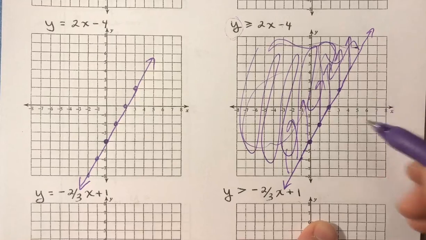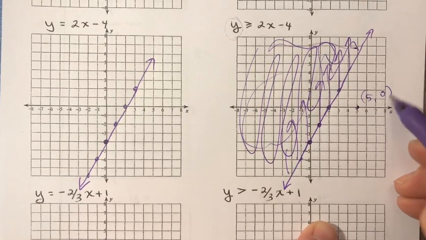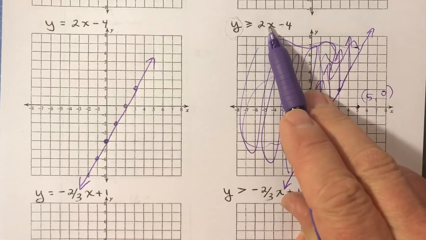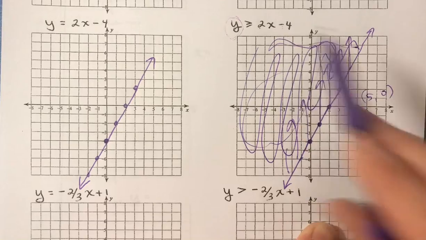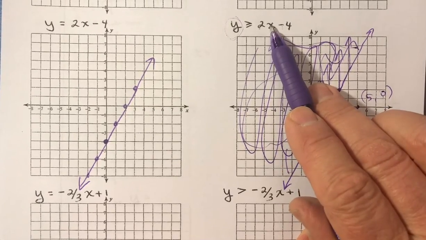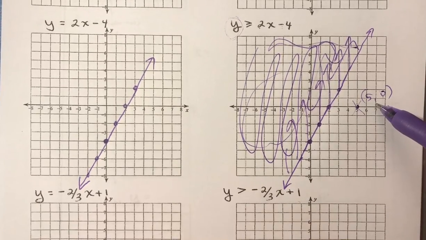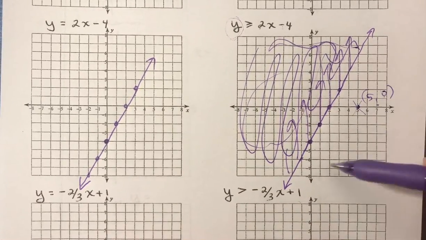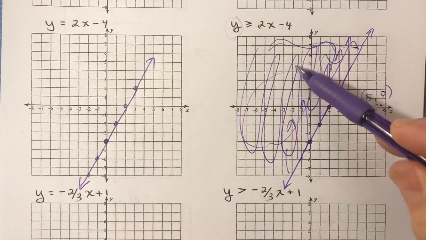For example, let's just take this point, (5, 0). 2 times 5 is 10, minus 4 is 6. Is 0 greater than or equal to 6? No. So this point is not included in our solution set. We will not shade this part of this half plane. We will shade the other part.